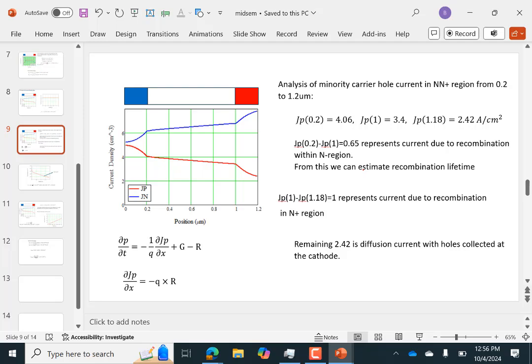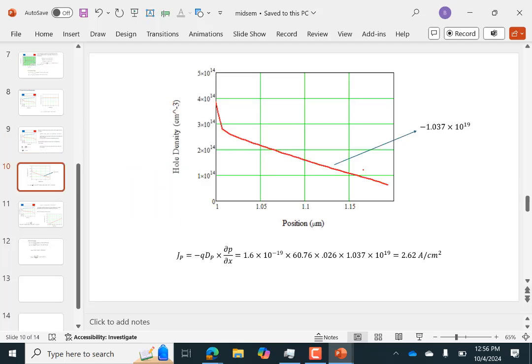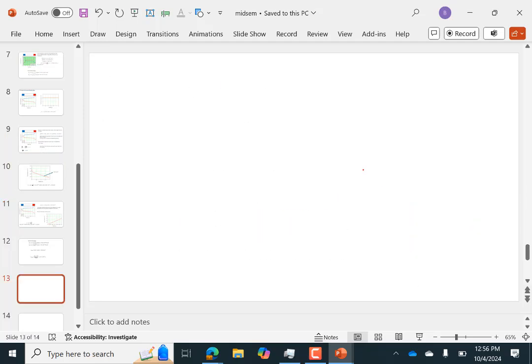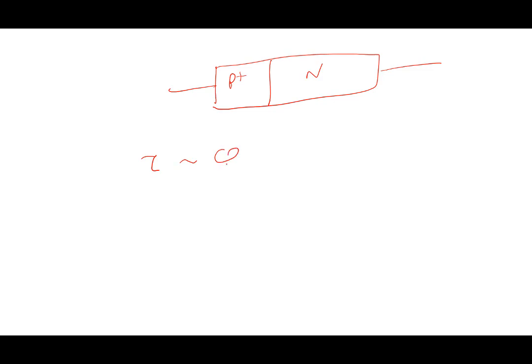Sir, about the delay calculation, can you just repeat? So the delay calculation, we said delay in a diode. Our discussion in the diode was, if you look at, let's say, a P plus N diode, we said delay is charge by current, charge per unit area by current.